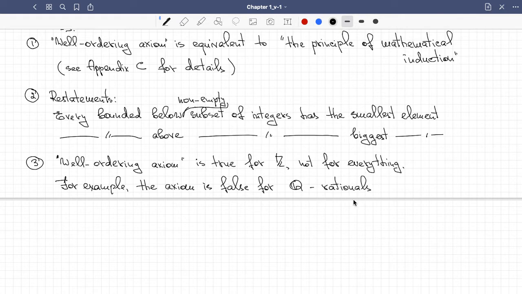Also false for reals. In the same way, what happens with rationals? The set of all positive rational numbers does not have a minimum element.